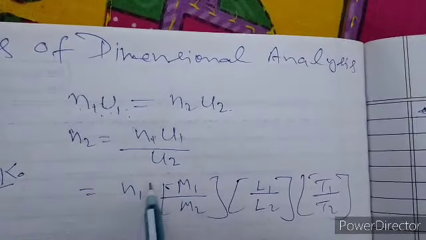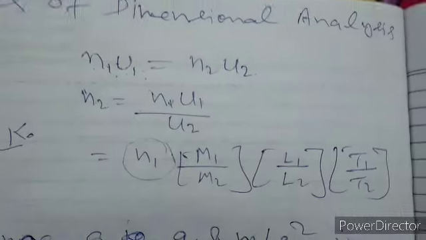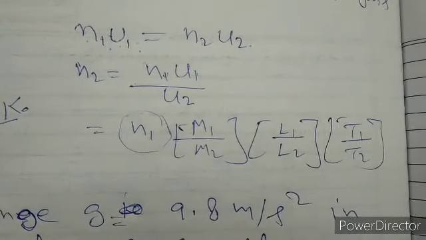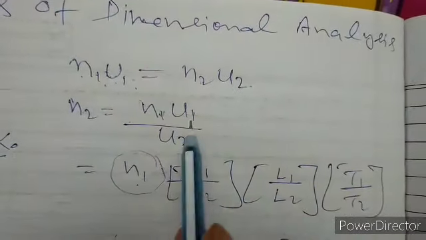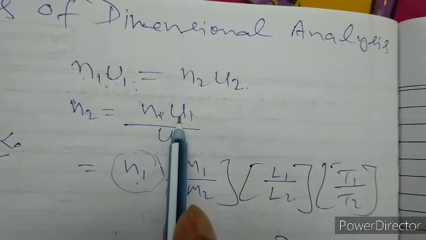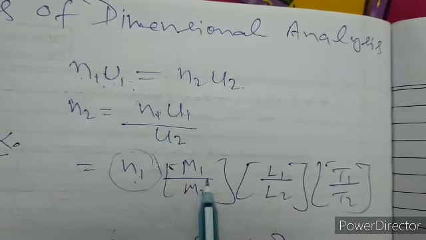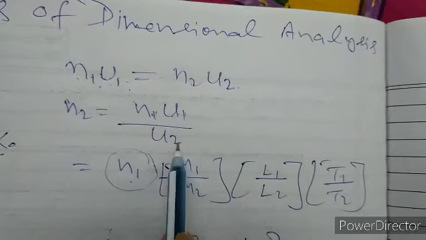Here n1 is the numerical value in one system and n2 is the numerical value in the other system, which we have to find out. Taking the dimensional formula MLT, n2 is equal to n1 times M1 L1 T1 upon M2 L2 T2.